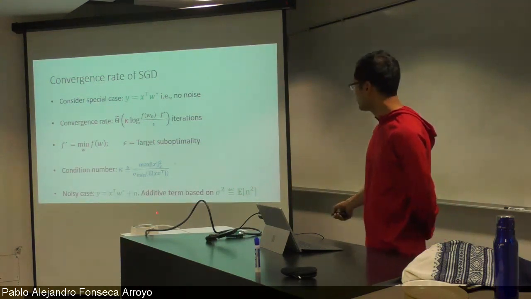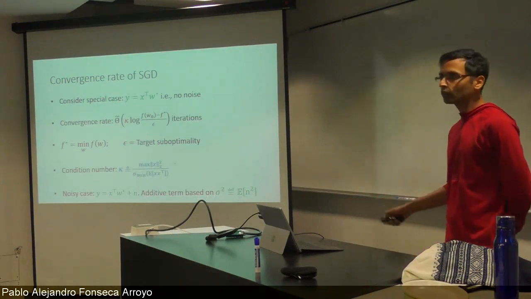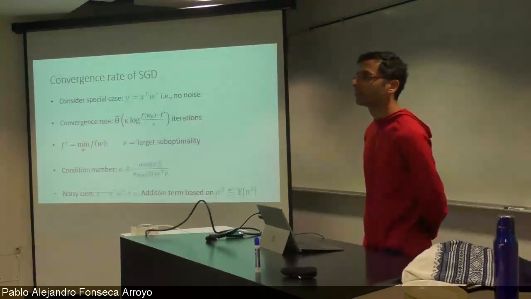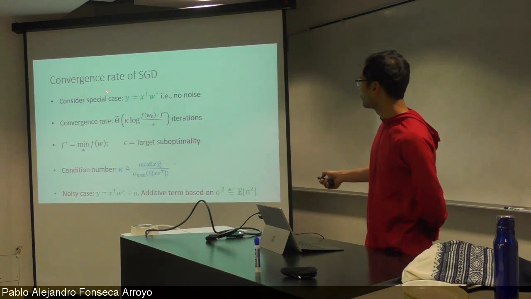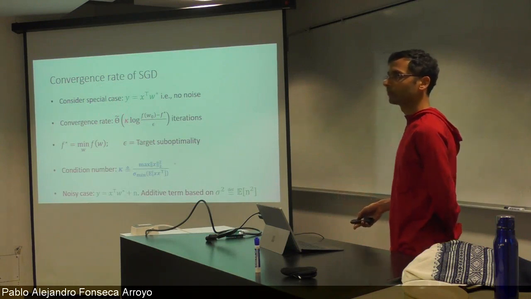In the noisy case, you will get an additive term based on the noise variance, and this time you'll need variance reduction to get them. The range of values depends on your problem. It could be anything greater than or equal to 1.